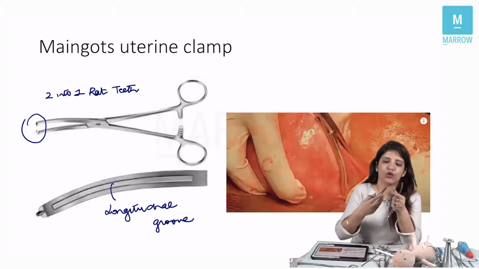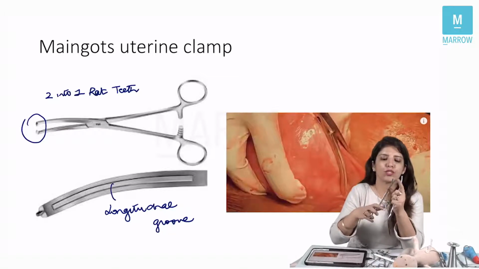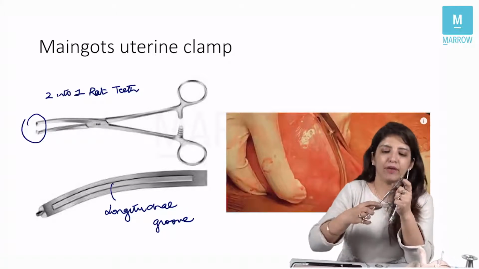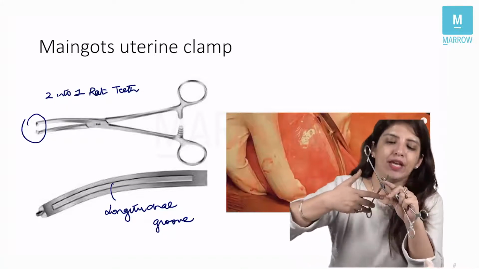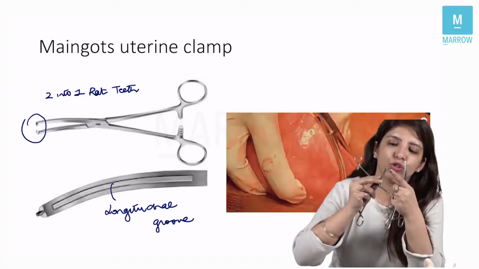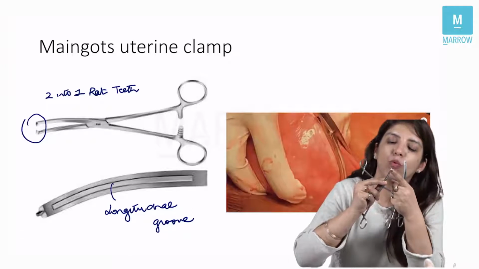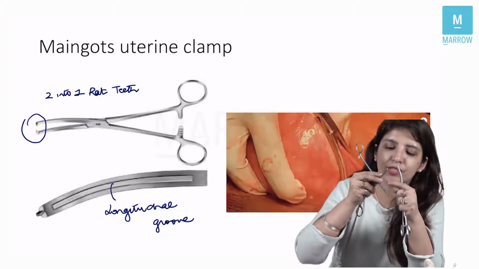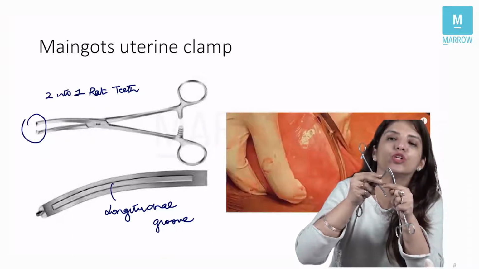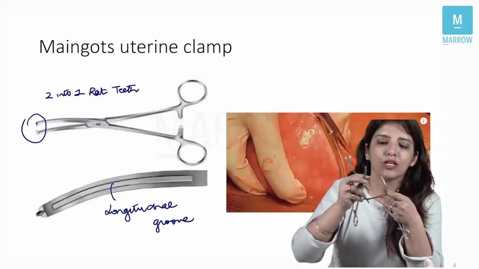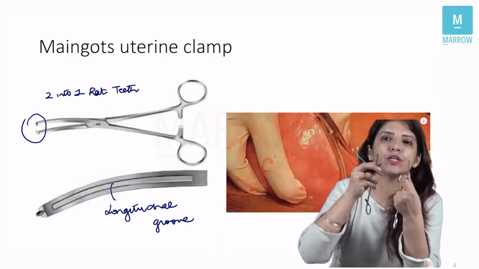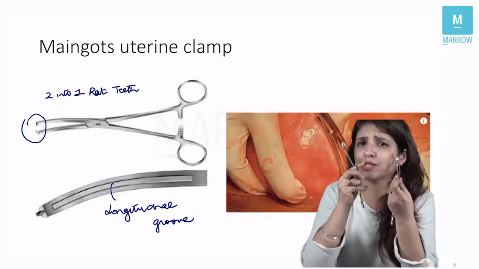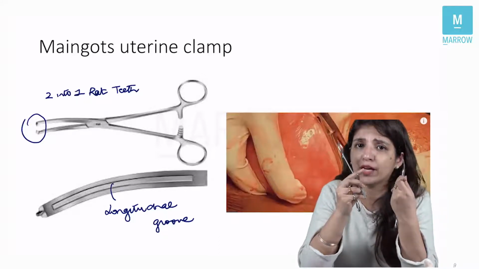Similar to Kocher's forceps is Mangot's uterine clamp. In Mangot's uterine clamp also you have on the tip one tooth on one side and two teeth on the other side, but the difference is it has a longitudinal groove, whereas Kocher's forceps was having transverse serrations. So please look at this instrument very, very carefully.